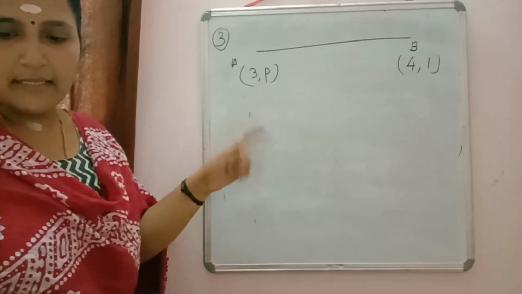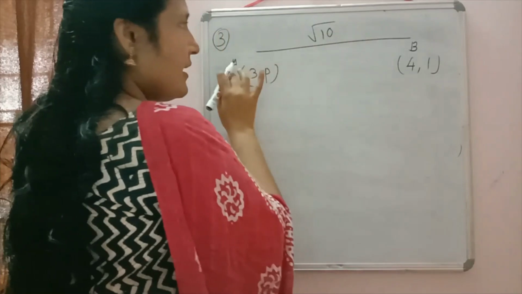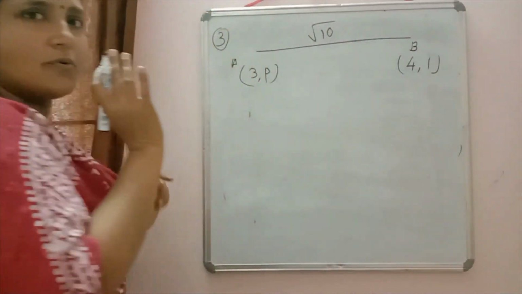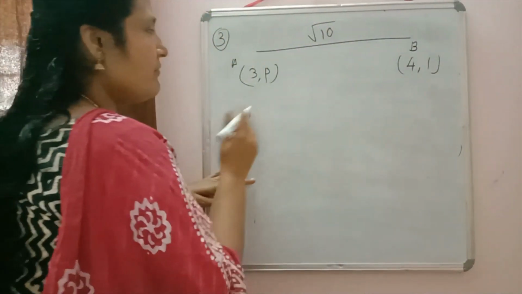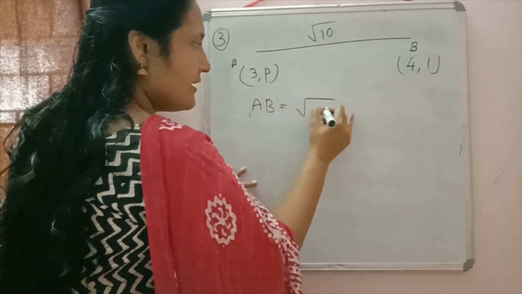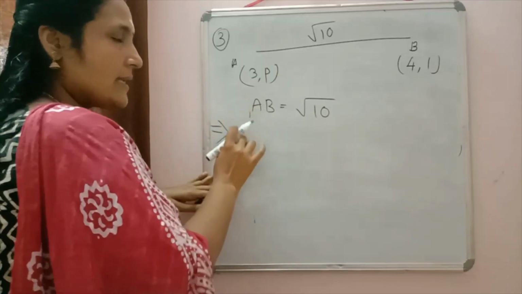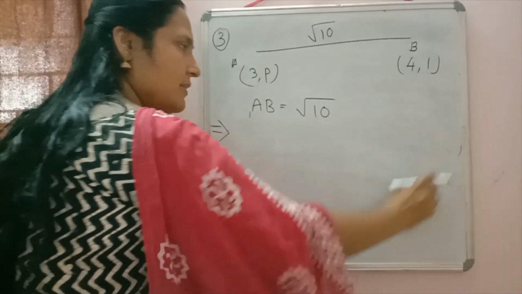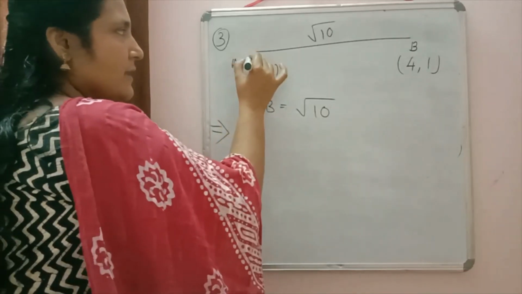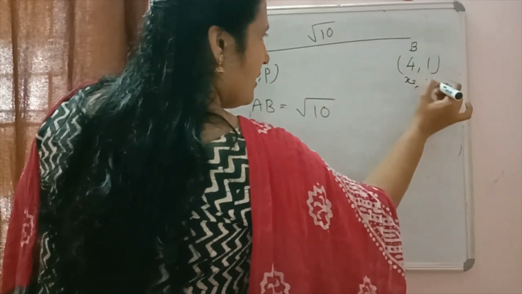And the distance between these 2 points is given there, root 10. So what is given? AB is equal to root 10 is given. So we will write here AB is equal to root 10, that is given. Now we'll continue from here only. Don't calculate AB separately there. This one again we can take as x1, y1, x2, y2.